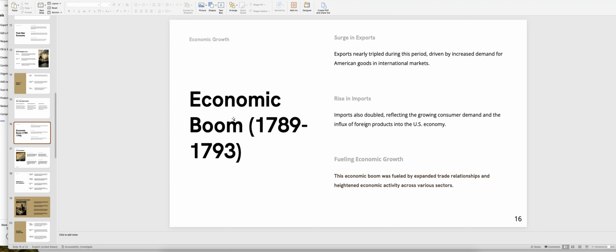So we do see a dramatic increase in the amount of exports, where the exports are tripling and the imports are only doubling, which again would mean that the trade deficit does decline in the early years of the United States, primarily helped by the fact that you've got a resumption of rivalries between the British and the French.